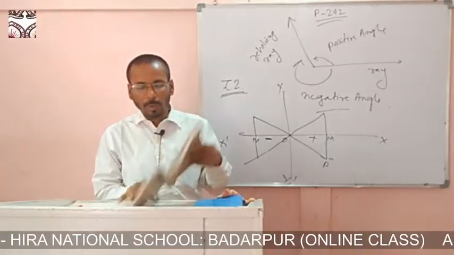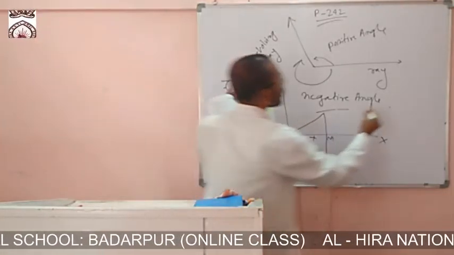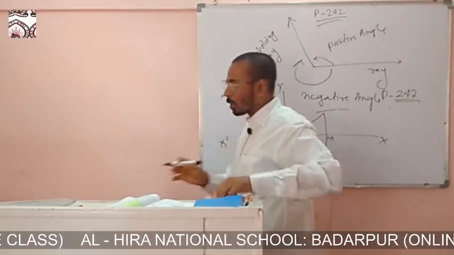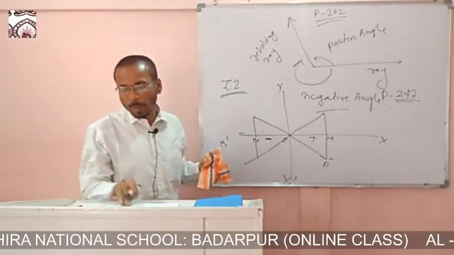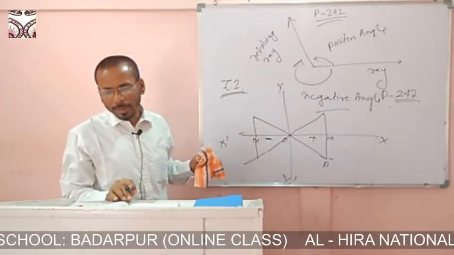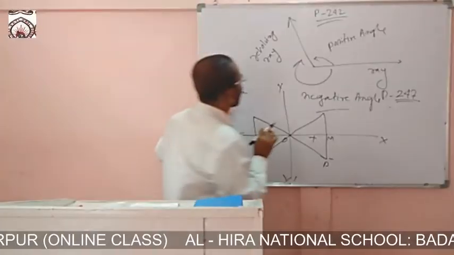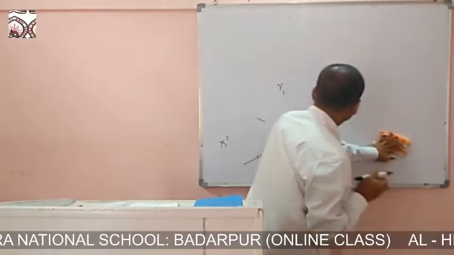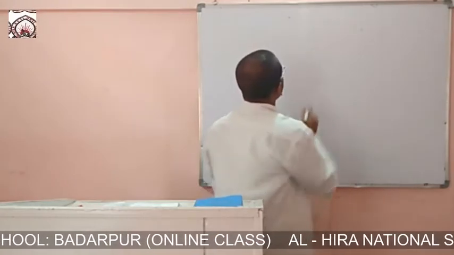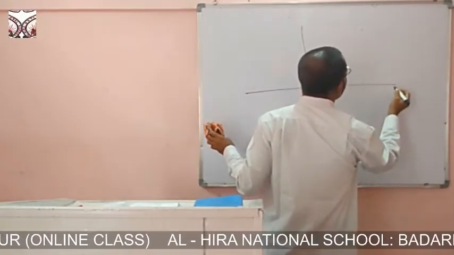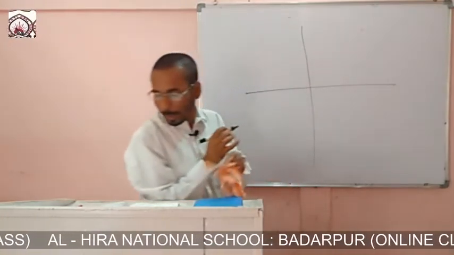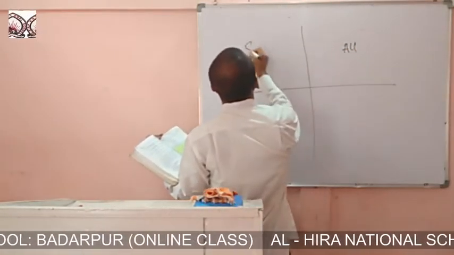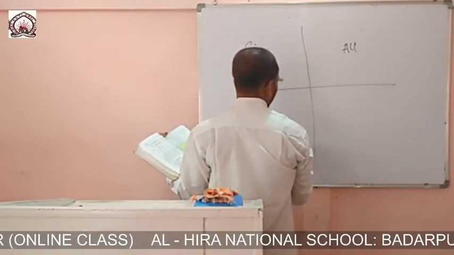So, summing up, in page number 247, you see, basically it says ASTC, meaning if we rotate, this is called all, sine, tan, cos.